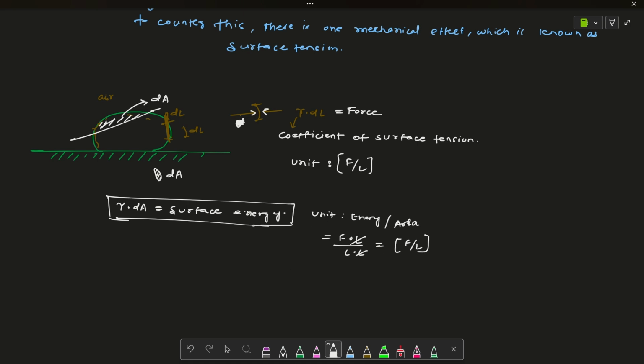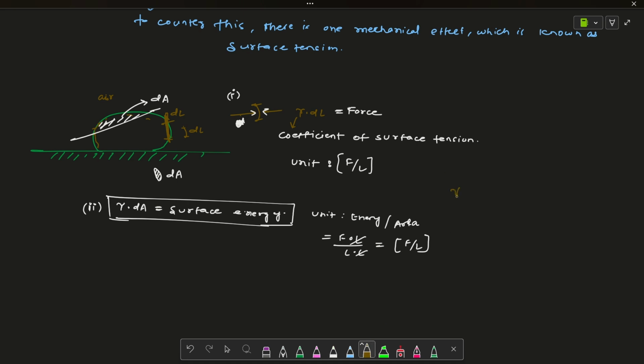So there is dimensional similarity here, and you need not worry about that. There are two ways we can think of the coefficient of surface tension: the first in terms of force and length, and the second in terms of surface energy and surface area.